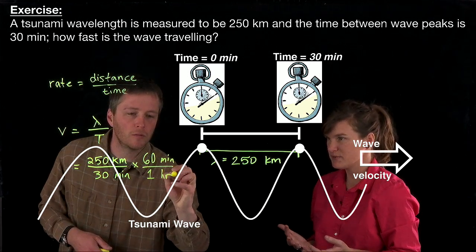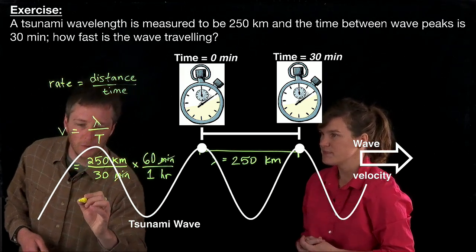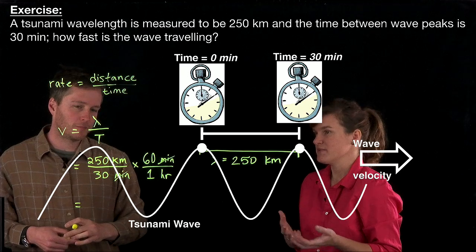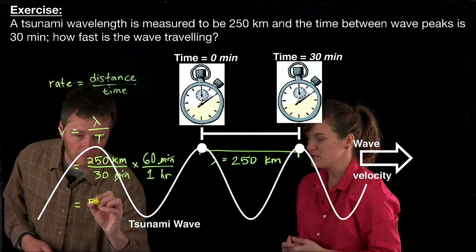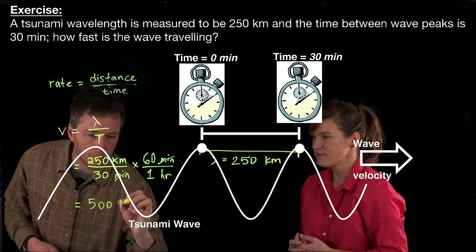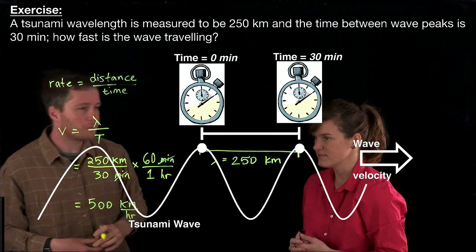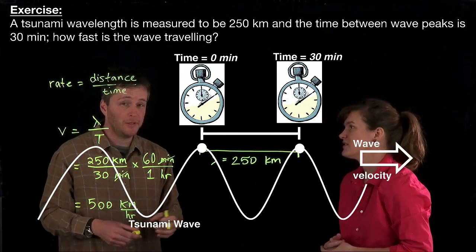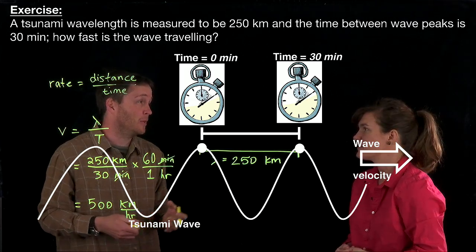Now our minutes will cancel and we'll be left with kilometers per hour. 250 times 60 divided by 30 comes out to 500 kilometers per hour. So that's quite fast. Yeah, this tsunami is traveling about the same speed as a jet airliner flying across the Pacific Ocean. Wow.